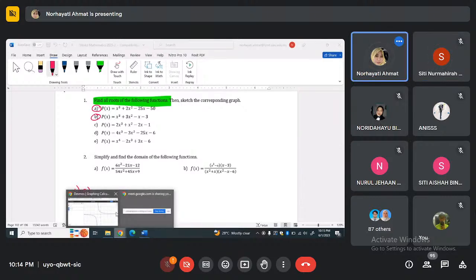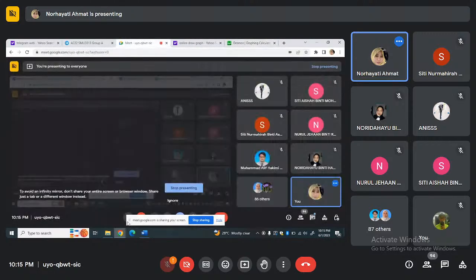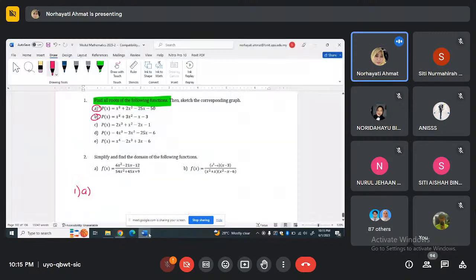Ada idea tak? Sesiapa ada idea? Ini lain sikit tau kalau awak tengok. First, before you factorize or find the factor for the constant, okay, kita tengok sama ada kita boleh tak simplify the variables in this function.